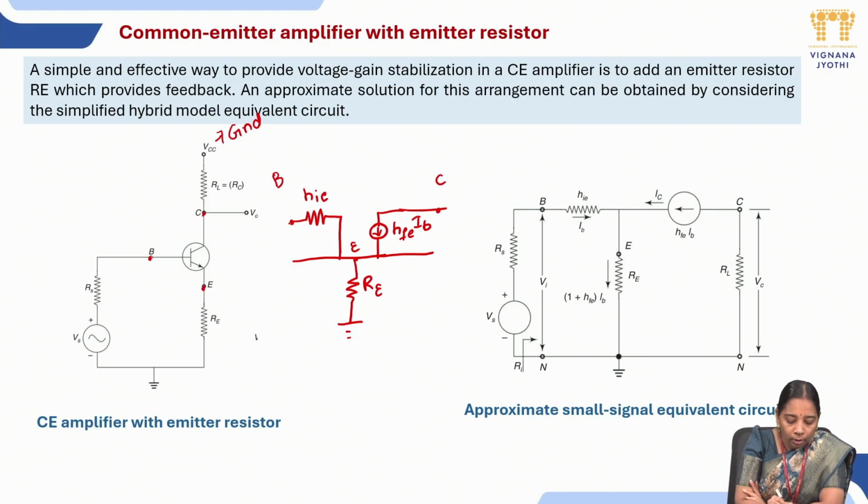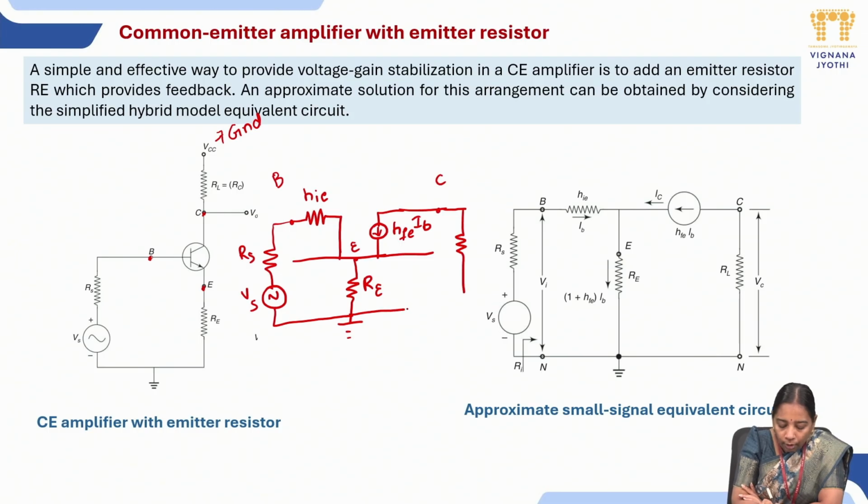Next, coming with this base, we have a connection from RS which is connected to VS, and this VS is connected to the ground terminal. Next, coming with the collector terminal. The collector terminal is connected to the load resistance. The load resistance's other end is connected to VCC, which should be connected to the ground terminal.